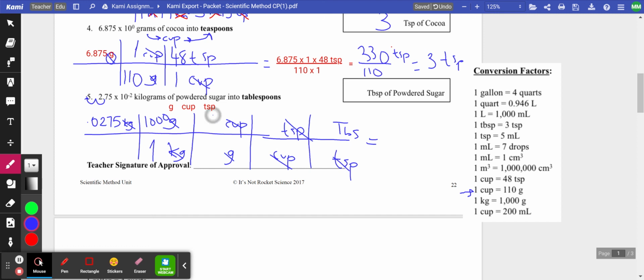Excuse my kids. And then cup to teaspoon. Here, 1 cup, 48 teaspoon. And then how many teaspoon, how many tablespoon? It's right here. 1 tablespoon is equal to 3 teaspoon.